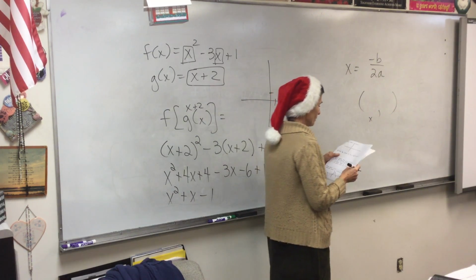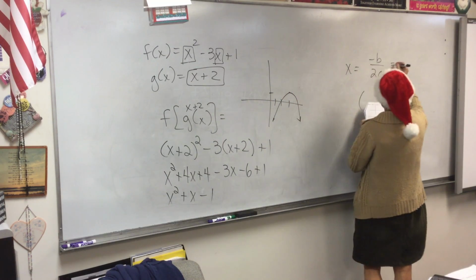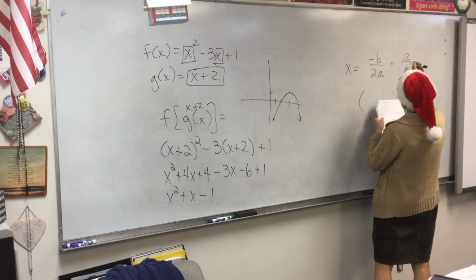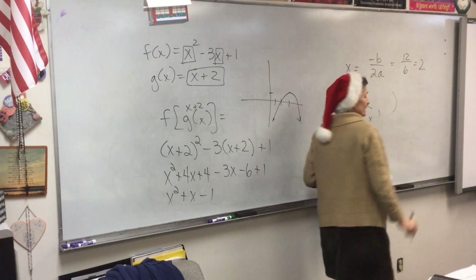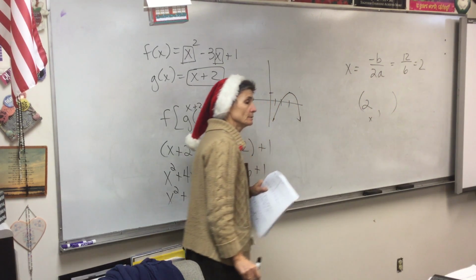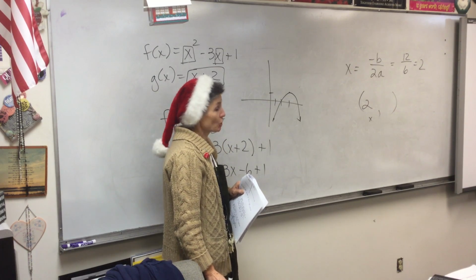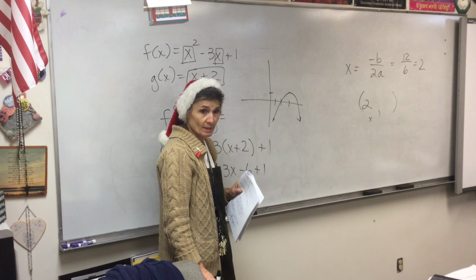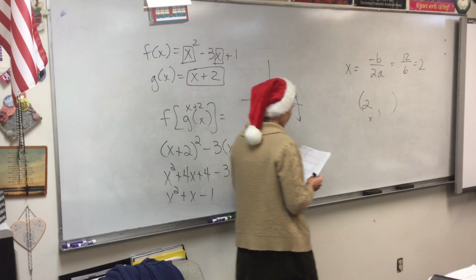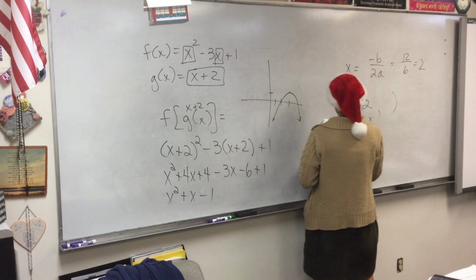So in our problem, what's negative b? 12. 2a. 2 times 3. So my x coordinate is 2. It didn't say find just the x. It said find the whole vertex, right? So how do I find the rest? Plug it back in. I plug in 2.